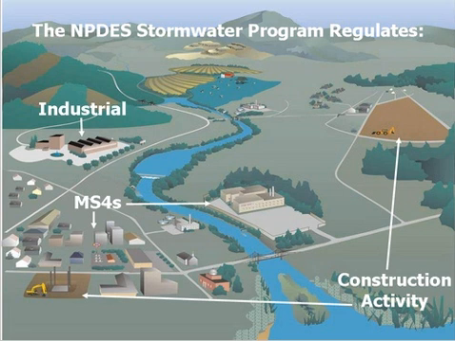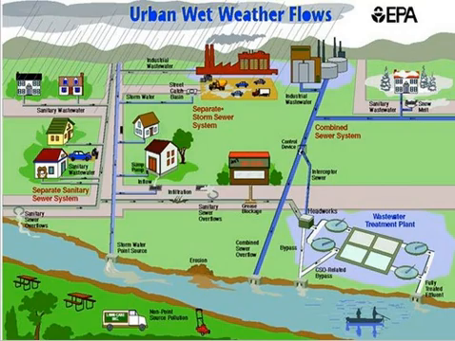And that is probably the biggest and most complicated part of this program, and Thelma will lead us through a discussion of that later. And then, John, do you want to explain a little bit about the two different kinds of systems that are out there underground that we encounter in the United States? Sure, Nikos. This is a nice little graphic that EPA put together to explain urban wet weather flows.